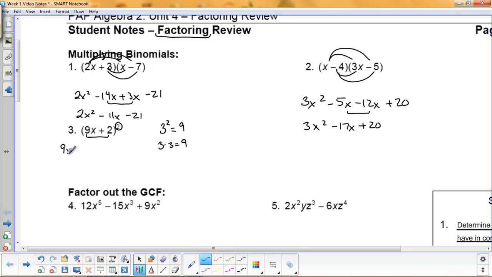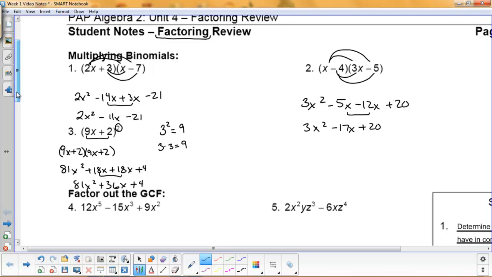So it's 9x plus 2 times 9x plus 2. That's going to give me 81x squared plus 18x plus 18x plus 4. Combine your like terms. 81x squared plus 36x plus 4.